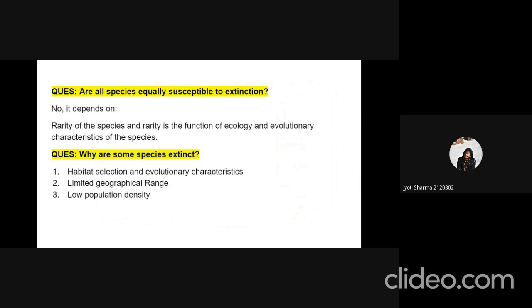If the globe is warming, the species will go wherever there is low temperature, because they have to maintain their body temperature, right? So right now we have a limited geographical range. And the third is low population density. If the population becomes very low, then because of stochastic factors, it may go extinct.